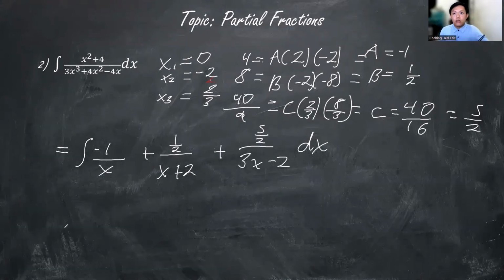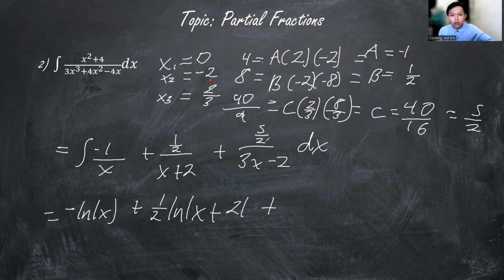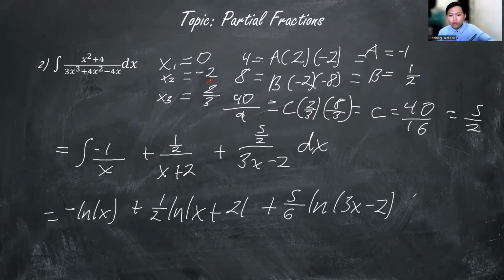Now we can finish this. So that's going to be negative ln x plus 1/2 ln x plus 2 plus, that's going down, so 5/6 ln 3x minus 2 plus c.